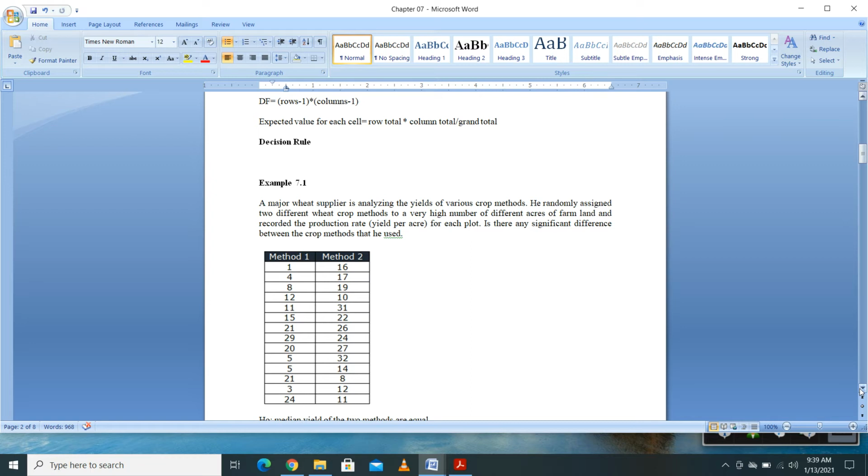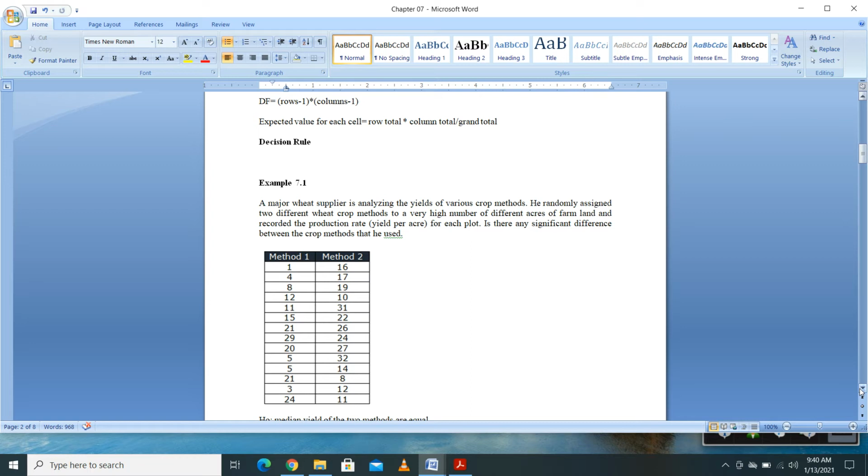Is there any significant difference between the crop methods that he used? So there is a farmer who has cultivated a crop using 2 different methods, and you have to check whether there is any difference between these 2 methods.